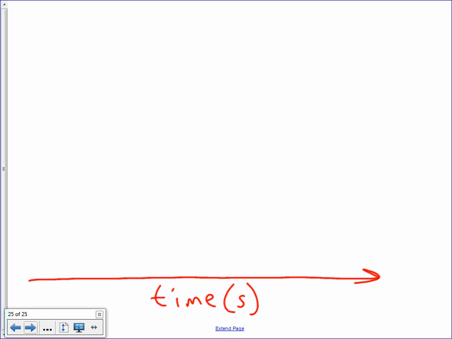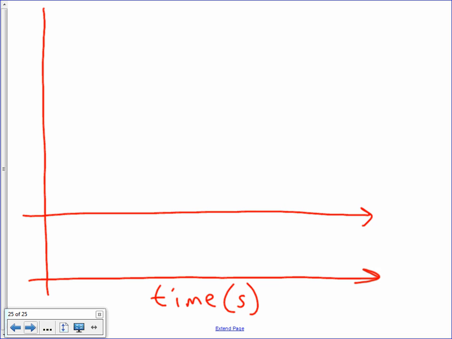A lot of times, I like to do what we call stacks of graphs. And basically, I like to put graphs on top of one another. All of them. I like to have time on the bottom, typically in seconds, could be something else. And then I'm going to have 3 different graphs. This will be acceleration.